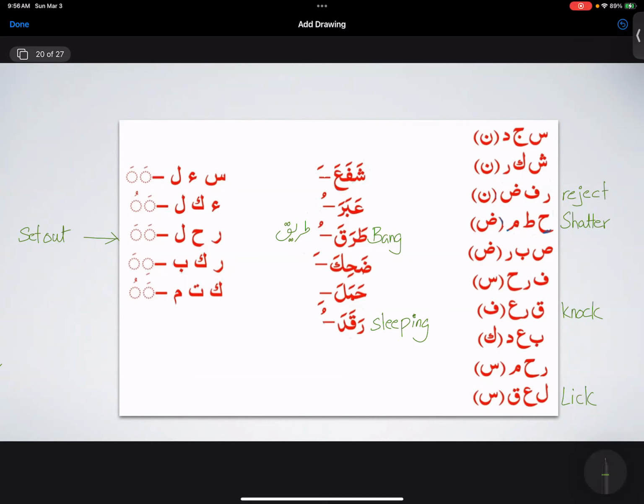Barakallah feeki. So what would Misjadun be? Misjadun would be the tool, like your prayer mat, or your cap, or the dupatta that you take to do sajda. Your forehead.